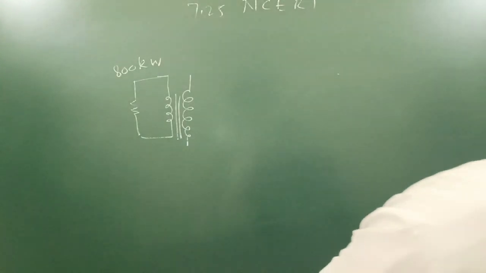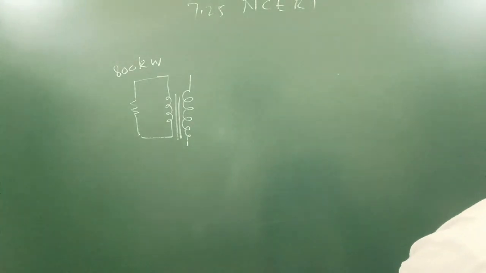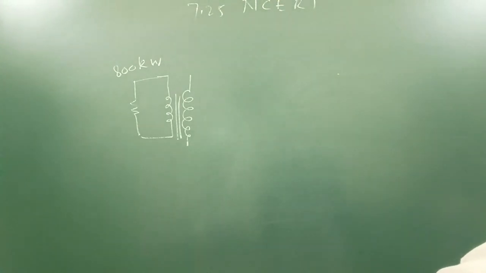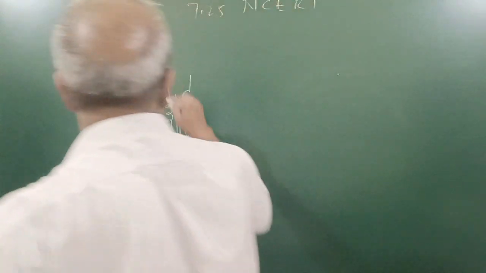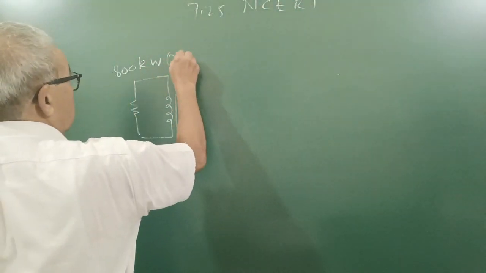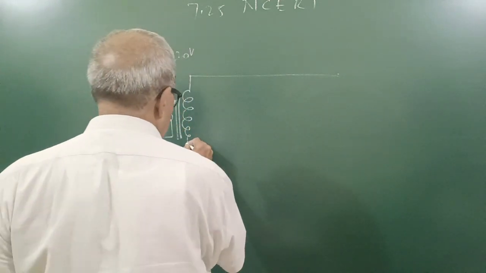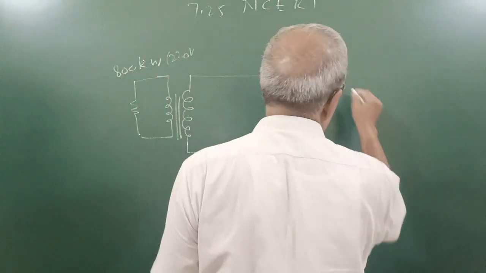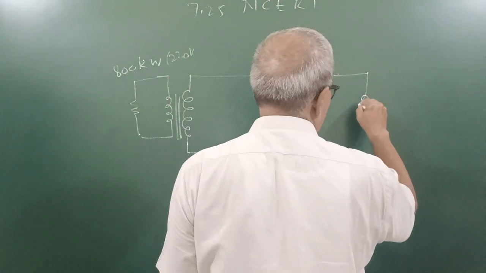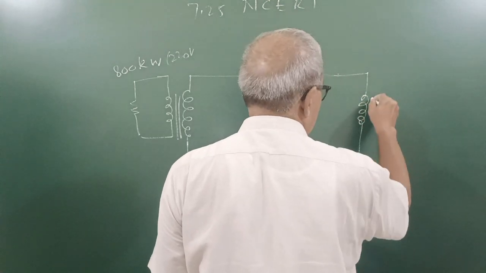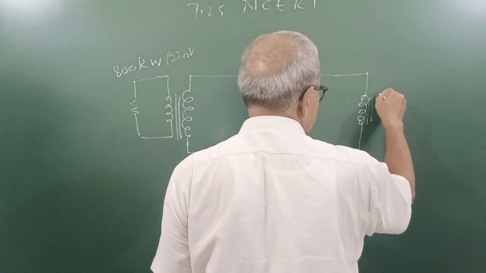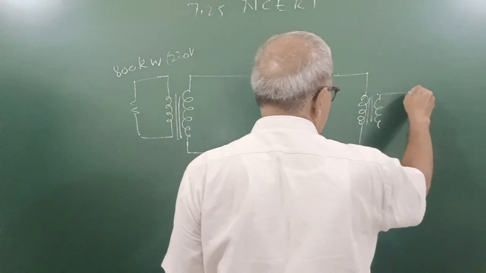A small town with demand of 800 kilowatt of electric power at 220 volt is situated 15 kilometer from the, ये 220 volt है, and getting power from a generation plant which is 15 kilometer away. This is a generator here.